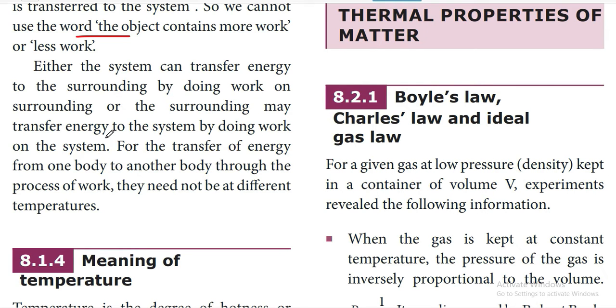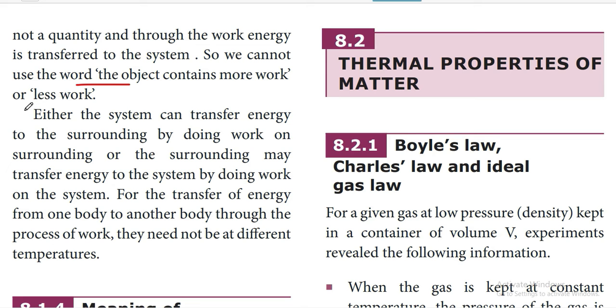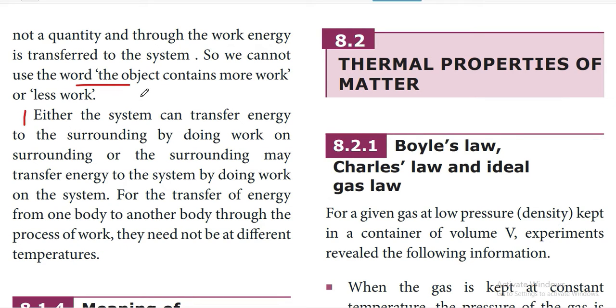For the transfer of energy, now either the system can transfer energy to the surroundings. For example, consider the word system. Suppose a steel object at 500 degrees Celsius transfers energy to the surroundings.